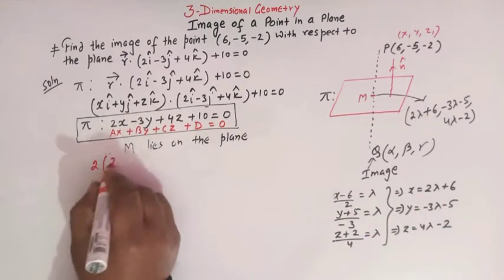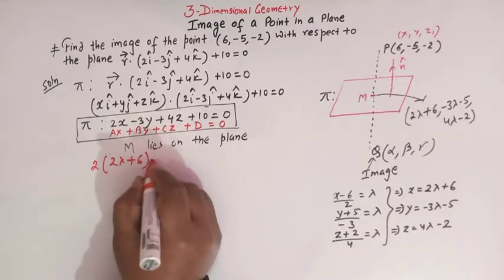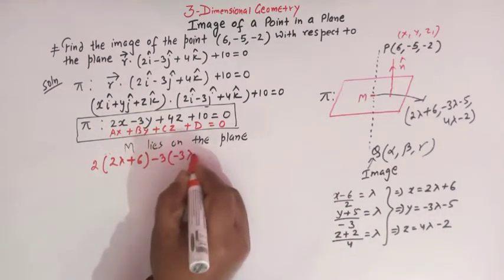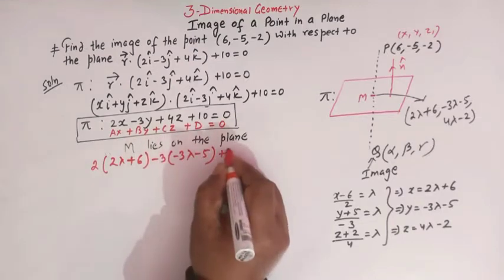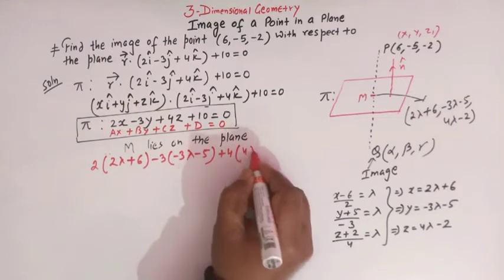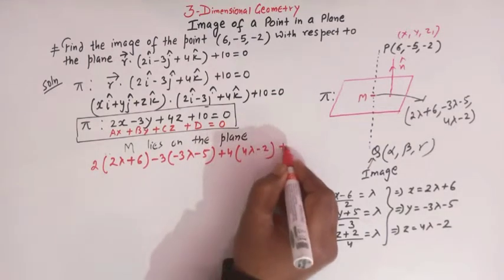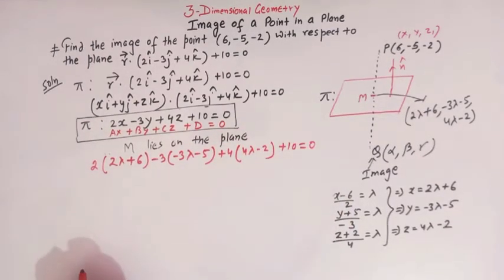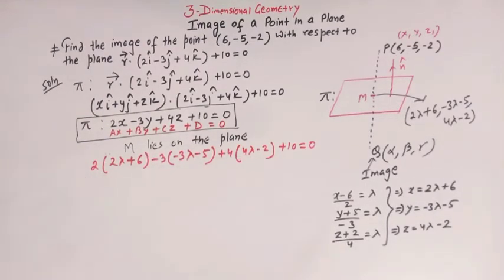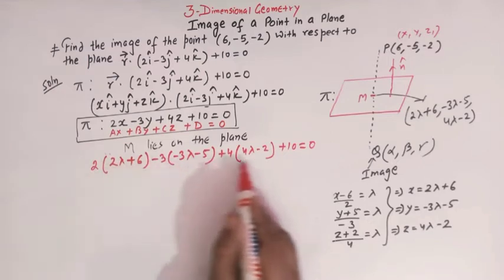For x we can take 2λ + 6, and minus 3. For y we can take -3λ - 5 and plus 4. For z we can take 4λ - 2 plus 10 is equal to 0. Right, now this is a linear equation in lambda, and we can solve this linear equation.